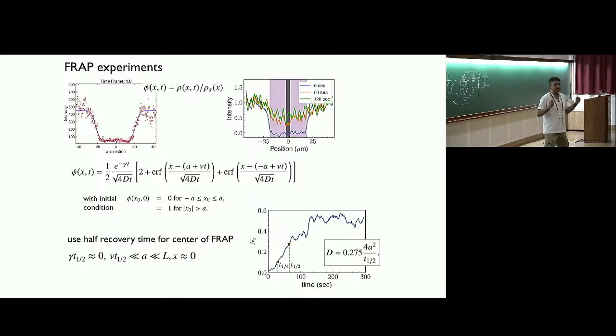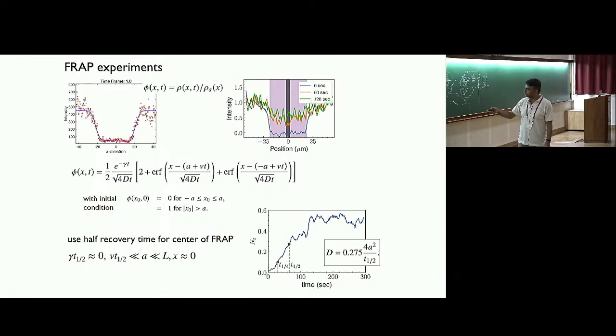From data, you cannot extract everything from one set of measurements. So what we try to do is a local FRAP experiment. FRAP is fluorescence recovery after photobleaching, where you locally shine a laser. If you do that, you can extract the dynamics locally. So there we do a local flat approximation of this equation, and then one can write down the corresponding solution. That solution comes out in terms of error functions, and then you try to fit that.